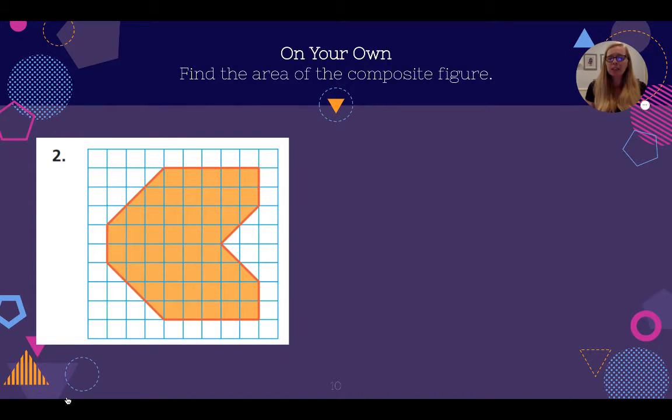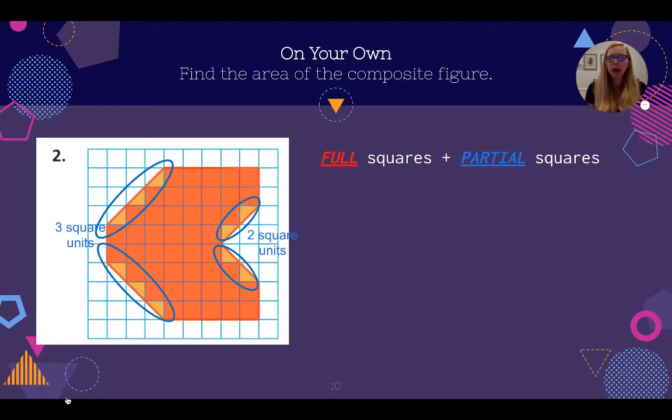All right, for this shape, we're going to look at those full squares. And then we have a bunch of half squares because we're pretty confident that those are half squares. I'm going to put those half squares together. So those 3 half squares with those 3 half squares make 3 full squares. And then on the other side, you have 2 half squares with 2 half squares, which makes 2 full squares.